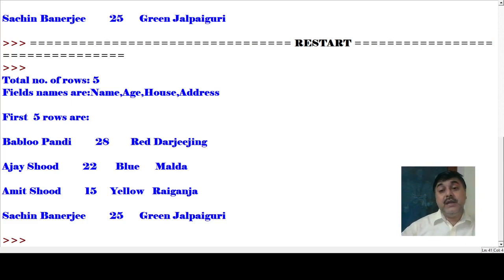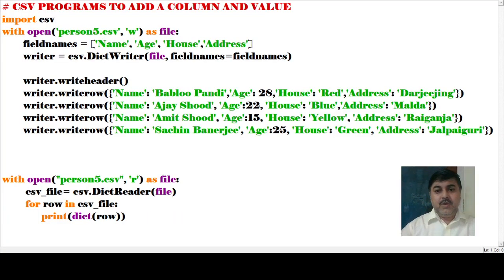Okay, now let us see the next program we have with us. There we find this particular construction of the CSV program to add a column and a value. That means import csv. We are importing CSV.